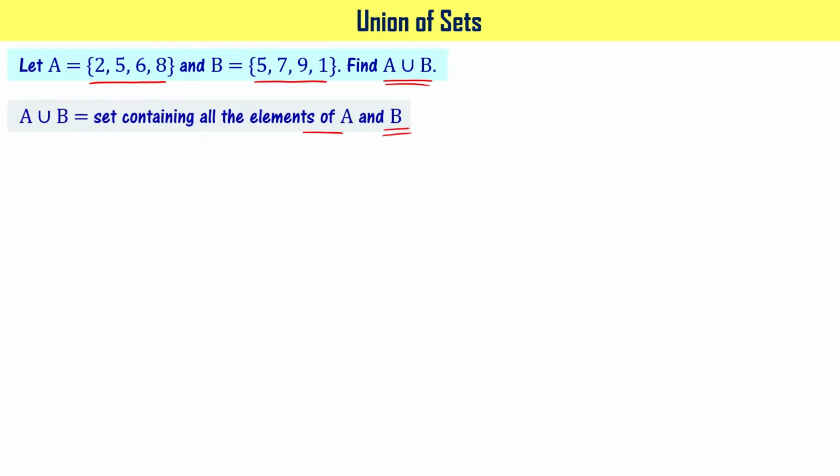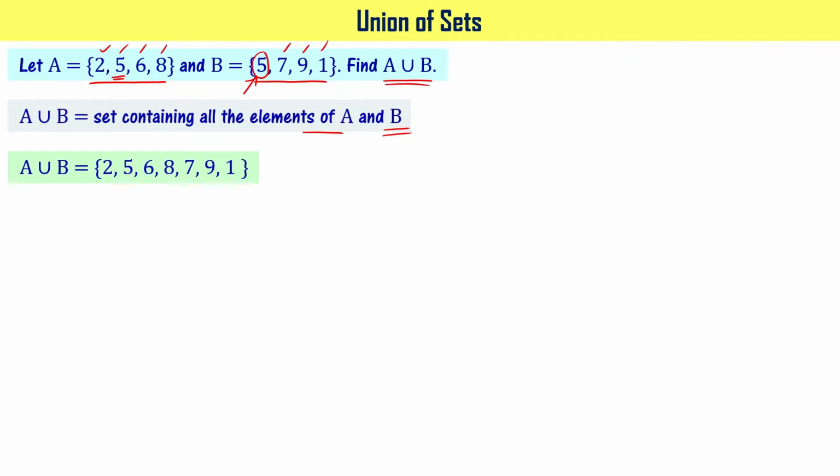A union B is going to have elements 2, 5, 6, 8, 7, 9 and 1. Why is this 5 not written again? Because when you write it in roster form, you don't want to duplicate. 5 is already there. That's why we are not including this 5 again.